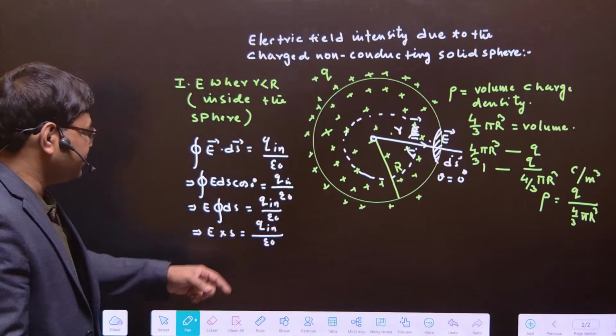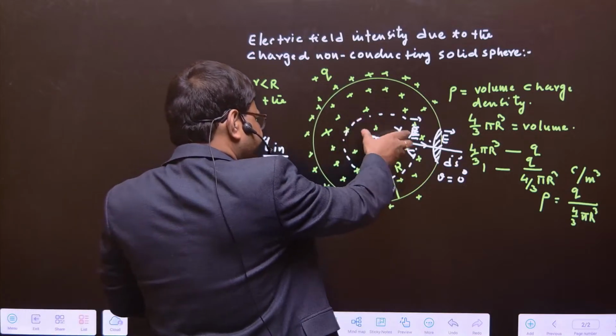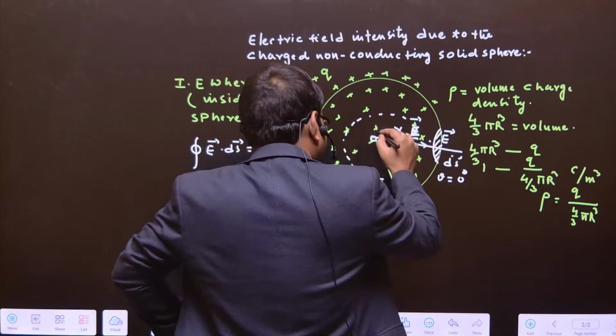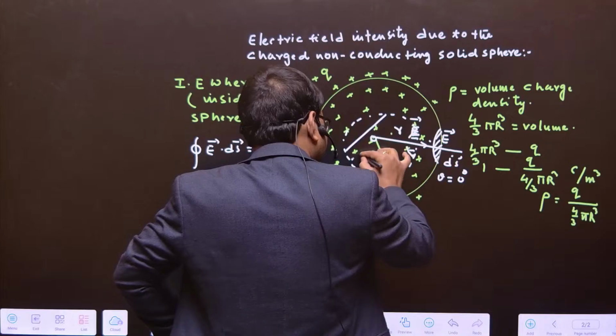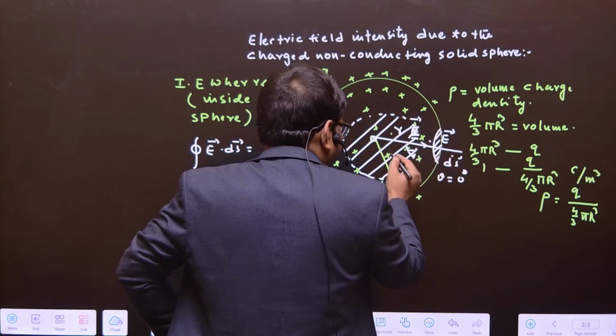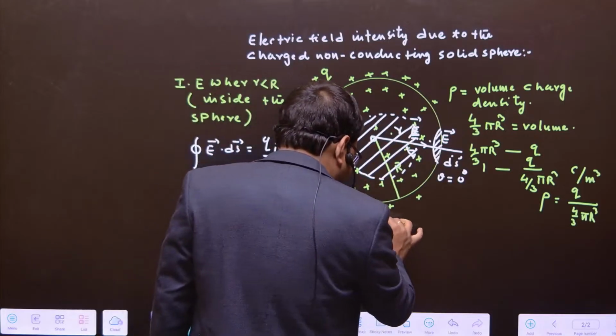Am I clear? S means the surface area of the Gaussian surface, the area of this spherical surface. So what will be the area of the Gaussian surface? Tell me.